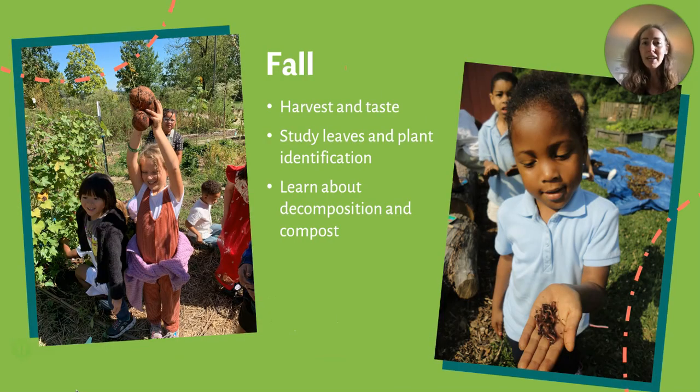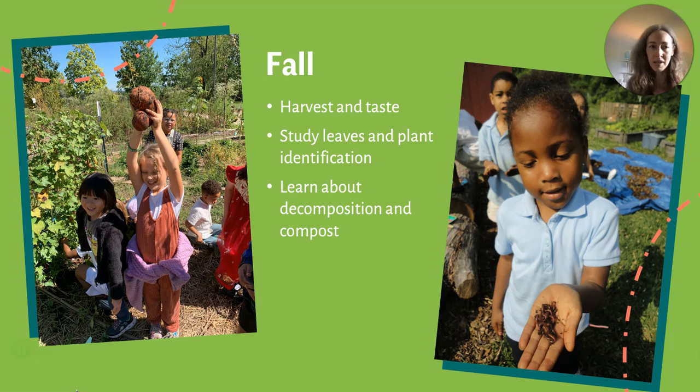The fall is a great time to harvest things that have been growing, especially if you were maintaining your garden through the summer months. If not, you can plant again in the fall and harvest what you've planted in late November.